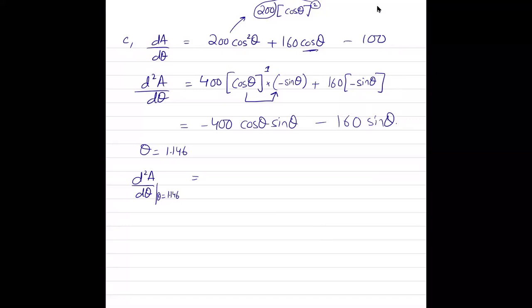It is negative. So the answer is coming to be less than 0. Therefore, you are going to say that the stationary value is a maximum.